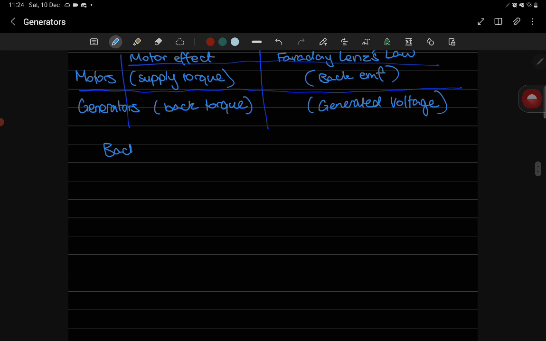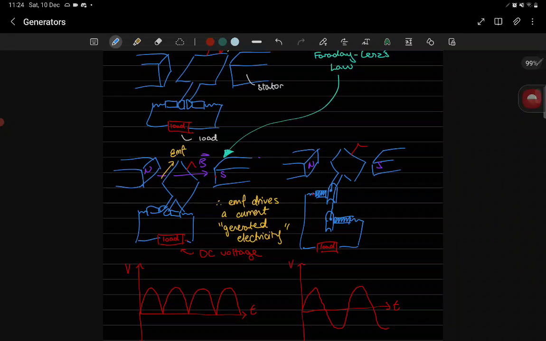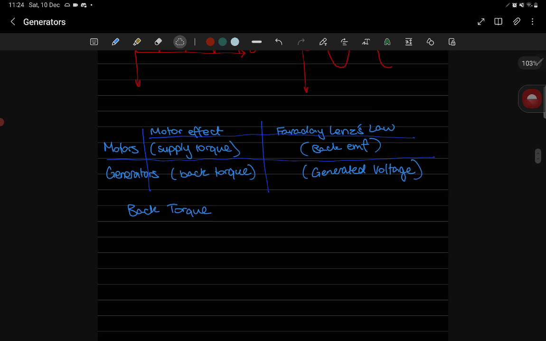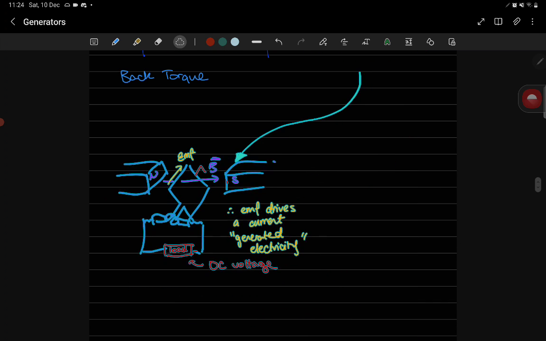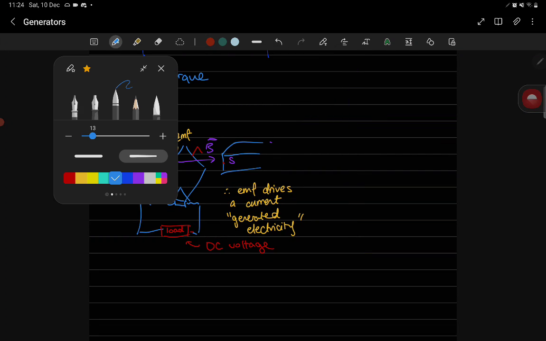Back torque is what happens when you have an EMF, and let's copy this diagram up here to make it a bit easier. So you can see here that we have this generated electricity, which is great. But as soon as we have this generated electricity, there is now current that flows within the circuit.